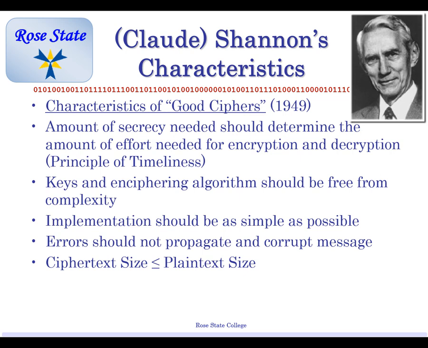It's like watching YouTube, where every now and then you get a little blurb of crap on the screen because one packet didn't come through. But did it screw up the rest of the video? No. It shouldn't propagate. And the last one says ciphertext size should be less than or equal to plaintext size. It means if you have something small and you encrypt it, you don't want to end up with the Encyclopedia Britannica for an answer.